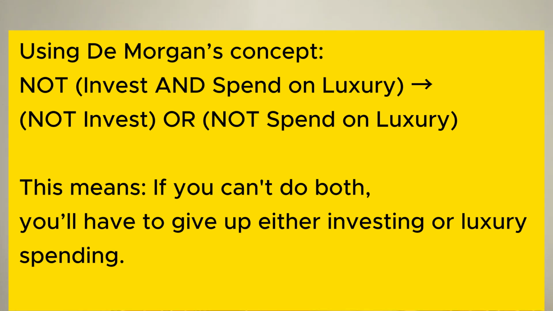This means if you cannot do both, you have to give up either investing or luxury spending. You see now how we can apply it symbolically to help us make decisions.